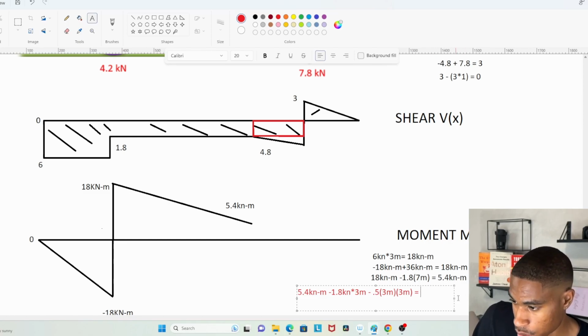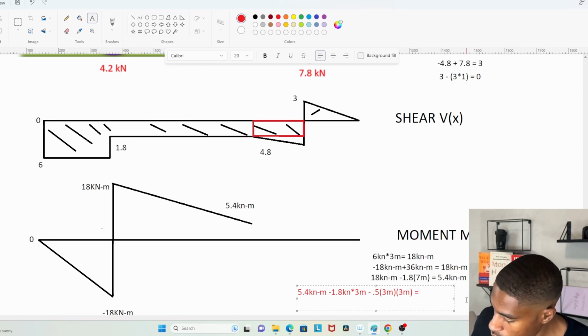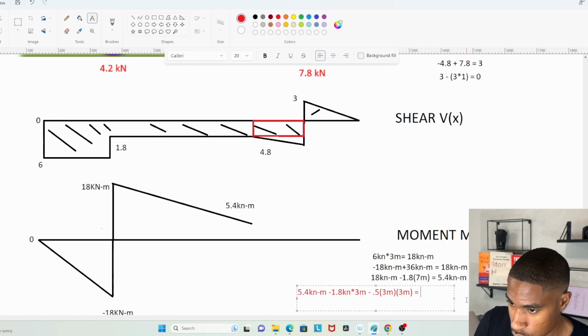That should give us a negative 4.5, and that's kilonewton dash meter.